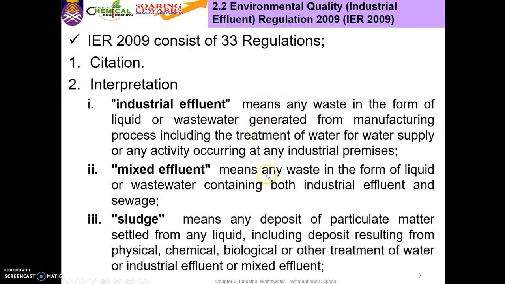Next, mixed effluent means any waste in the form of liquid or wastewater containing both industrial effluent and sewage. Okay. And number 3, the term used is sludge, which means any deposit of particulate matter settled from any liquid, including deposit resulting from physical, chemical, biological, or other treatment of water.